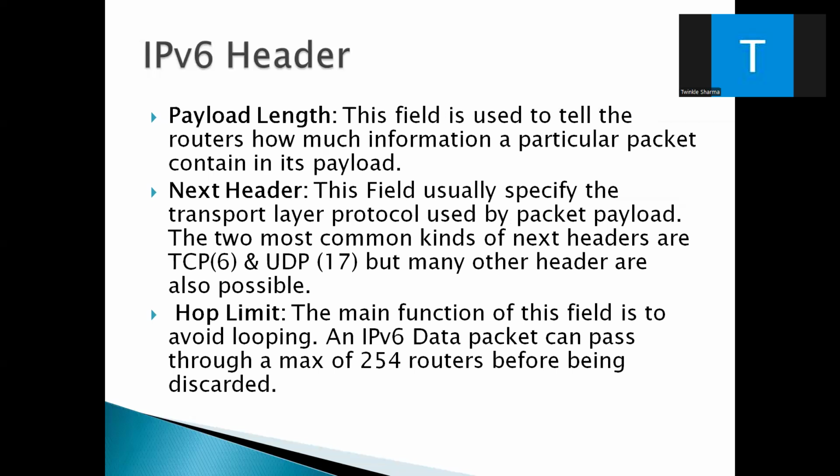The two most common kinds of next headers are TCP 6 and UDP 17, but many other headers are also possible. Hop limit: the main function of this field is to avoid looping. An IPv6 data packet can pass through a maximum of 254 routers before being discarded.